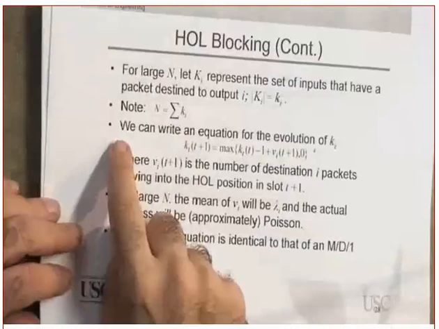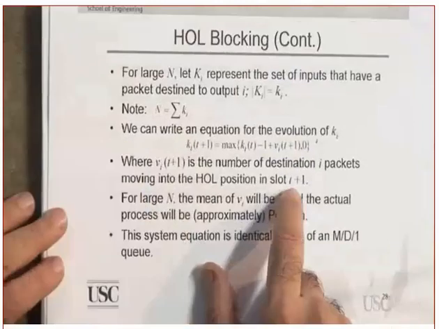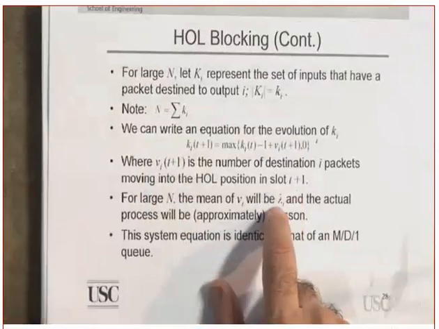By the way, when N approaches infinity, you all know that this is binomial. What is E of X for a binomial?